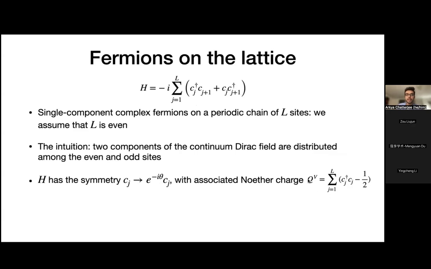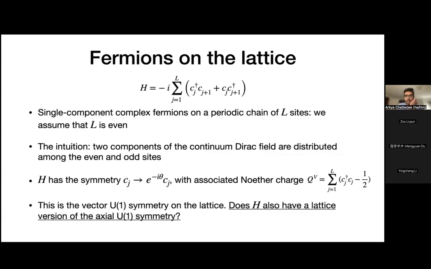This is essentially the lattice analog of the vector symmetry, which rotates both the left and right movers in the field theory with the same phase. But the question is, does this Hamiltonian also have a lattice version of the axial U(1) symmetry?